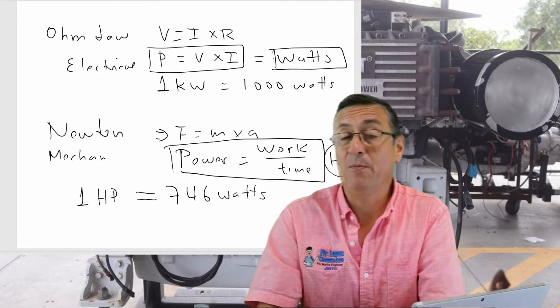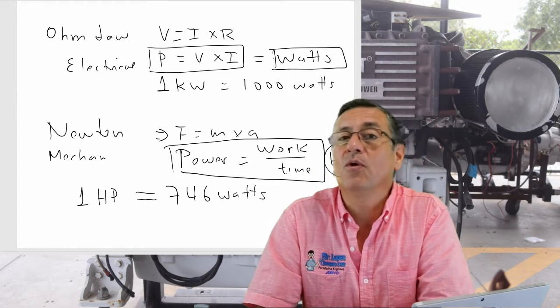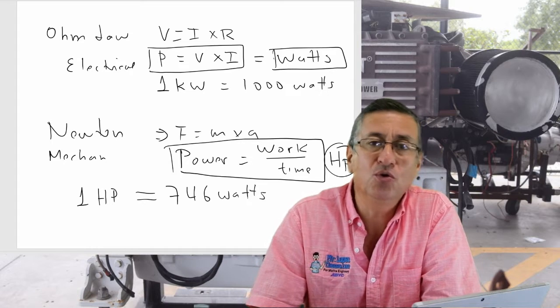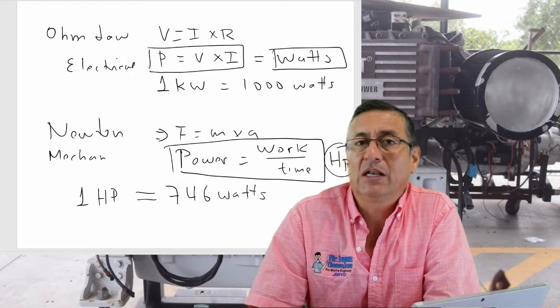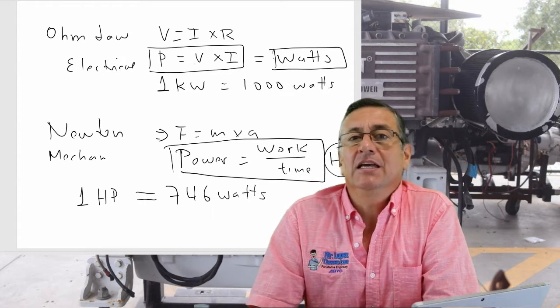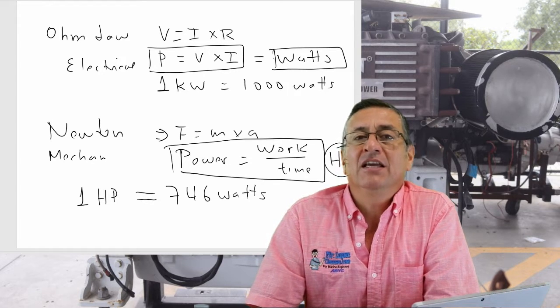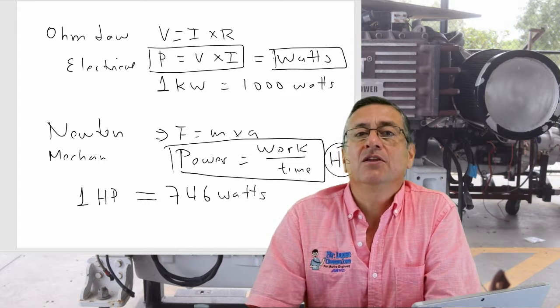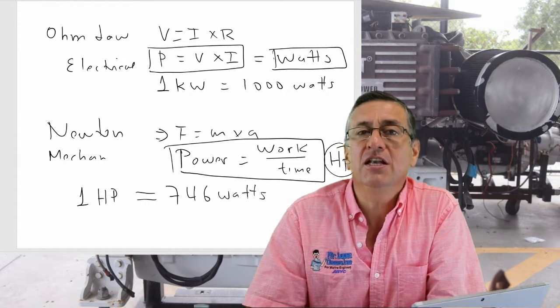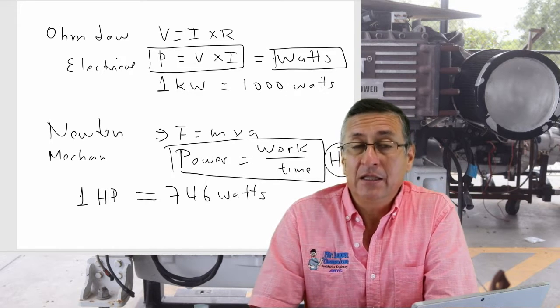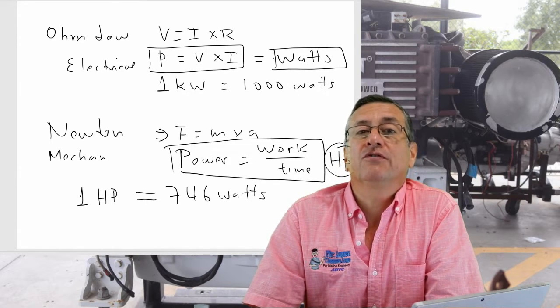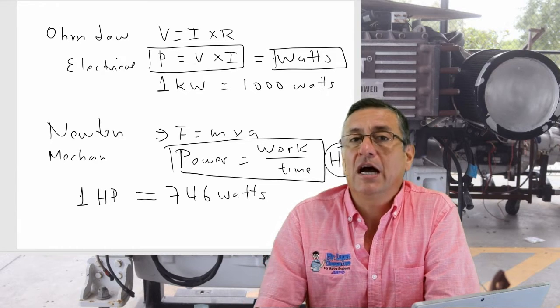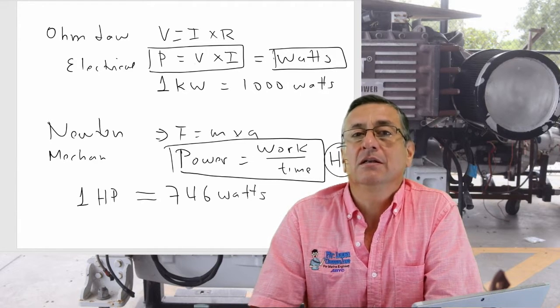This is an important formula. In the future, we are going to use that formula to calculate the capacity of the engine. Suppose that you have a generator, the generator is damaged, and you want to use the engine of the generator, because the back end, the electrical portion of the generator is in good condition, and you need to replace only the engine.